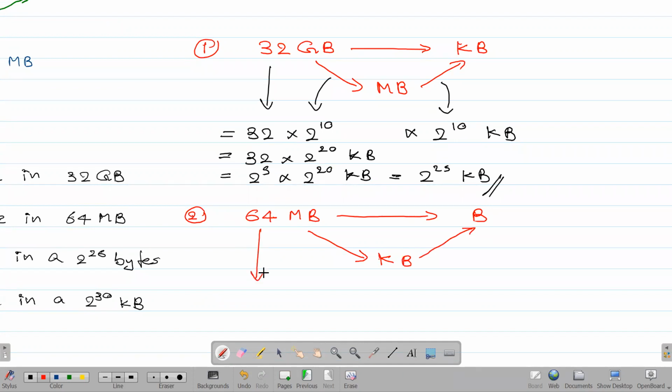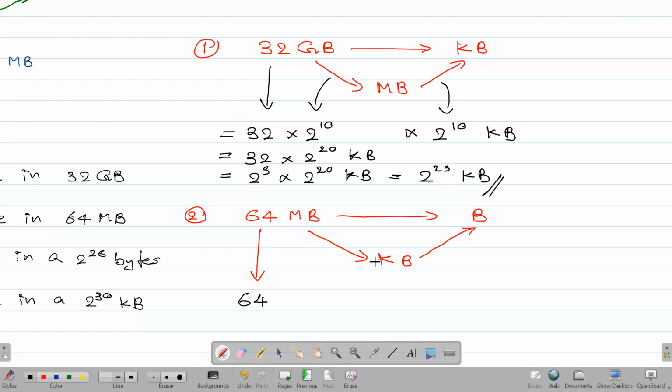So 64 will be taken as it is. Yes, that is of course correct.